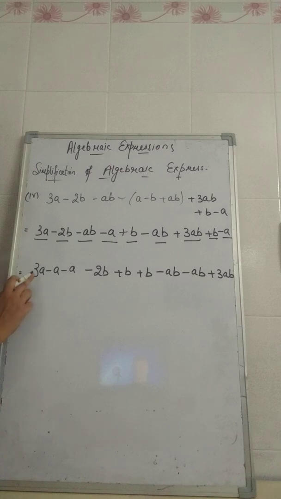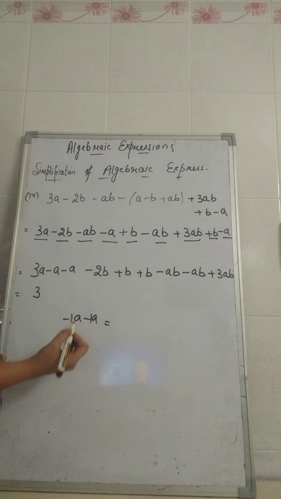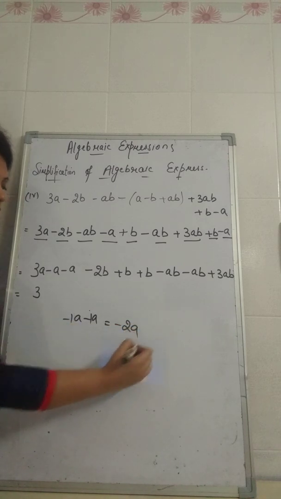Now see, beta, 3a minus a, you can do orally also. 3a minus a is 2a, 2a minus a is a, right? Or we can do it like this also: minus a means this is 1 and 1, minus 1 is minus 2a.